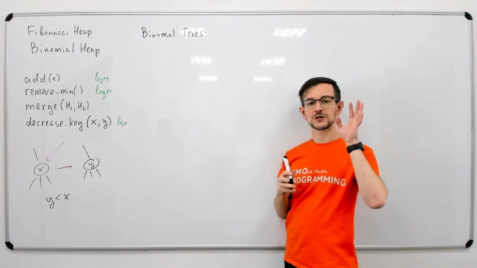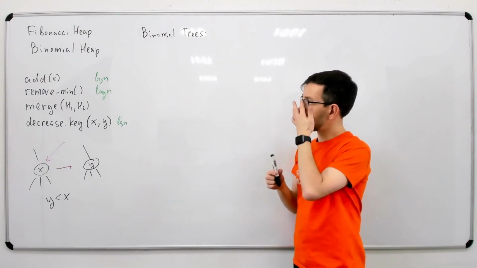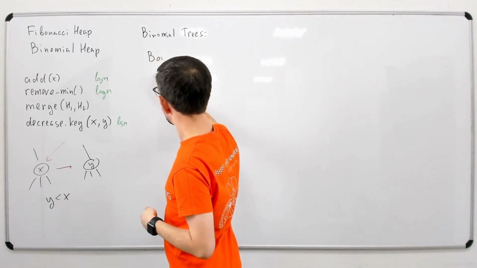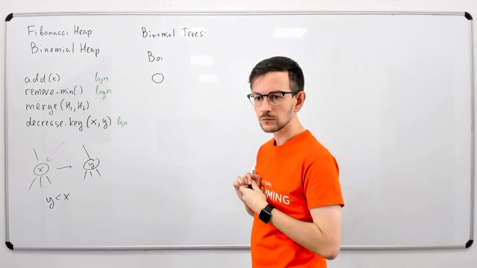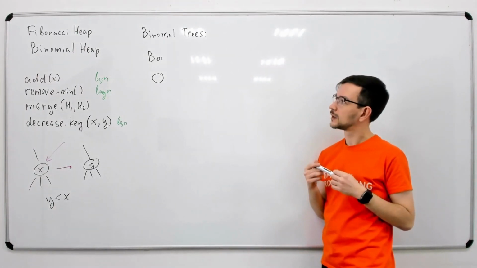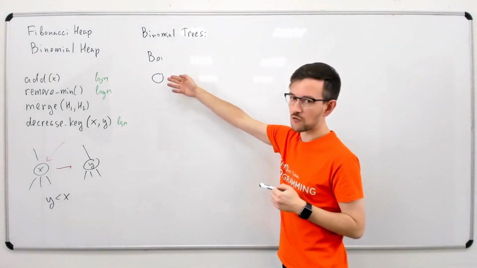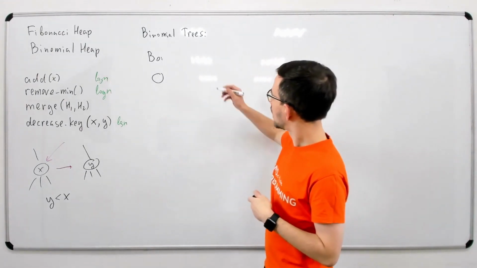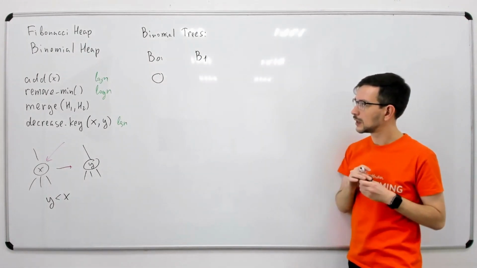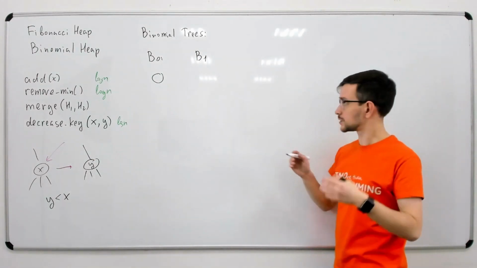There are binomial trees of different ranks. So binomial tree of rank 0 is just one vertex. So this is the binomial tree of rank 0. Binomial tree of rank 1 is just 2 vertices.